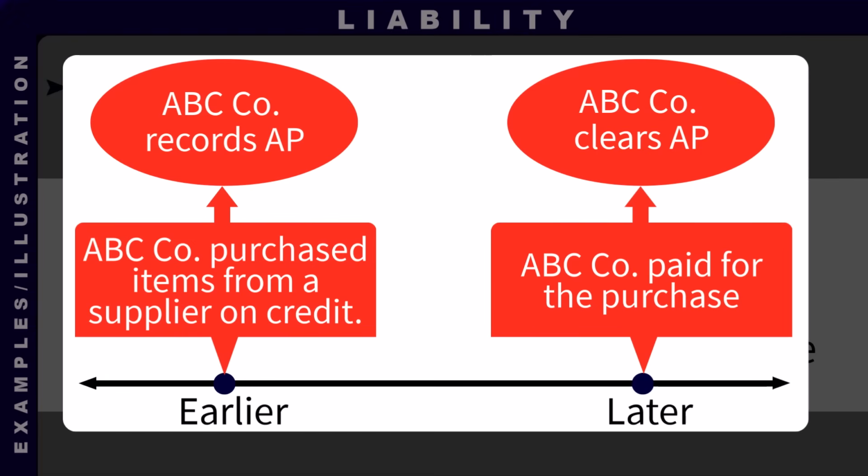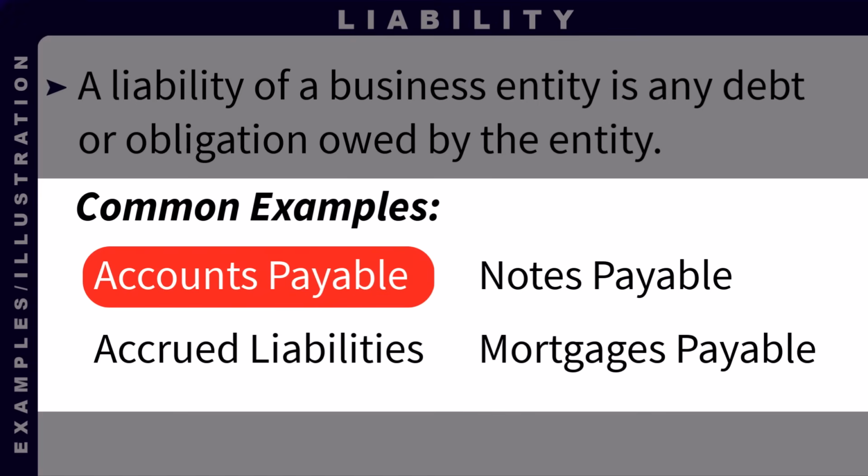Again, the purchase transaction in the past created an obligation which is explained by the accounts payable created at the time of the purchase, and then later, when actual payment is made, ABC Company clears or reduces the accounts payable liability created at the time of the credit purchase. That was an overview of how accounts payable is created and later settled.